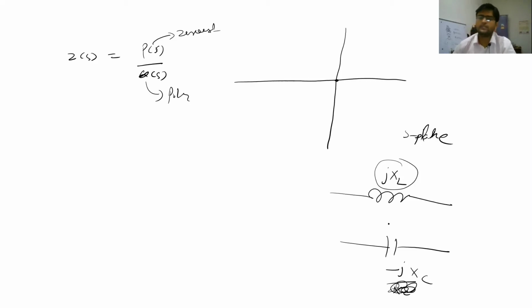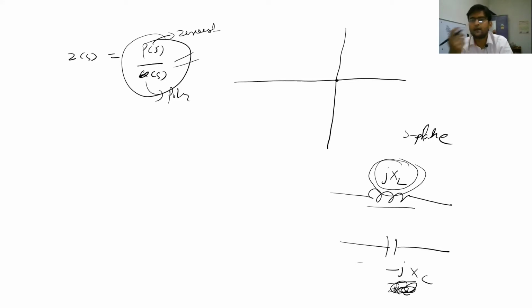So you see that the impedance values of inductor and capacitor are always imaginary. Since these ratios are representing these impedance values, and they are made up of inductors and capacitors, the roots of this function ZS must lie on the imaginary axis of the S-plane.